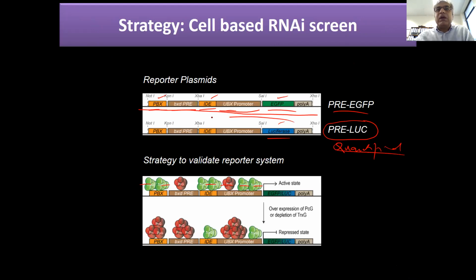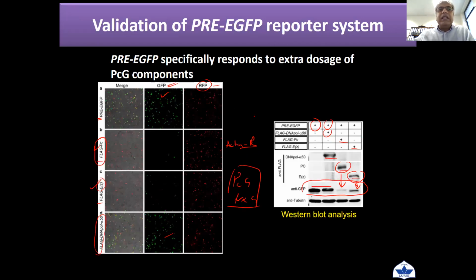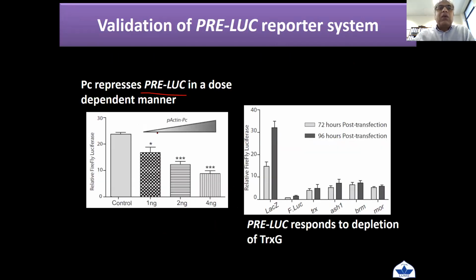In the presence of PRE luciferase, when we added increasing concentrations of plasmid expressing polycomb, 1 nanogram, 2 nanogram, and 4 nanogram, we see a dose-dependent effect of polycomb on luciferase expression. Luciferase goes down as the concentration of polycomb-expressing plasmid is increased. So our reporter is indeed responding to polycomb.